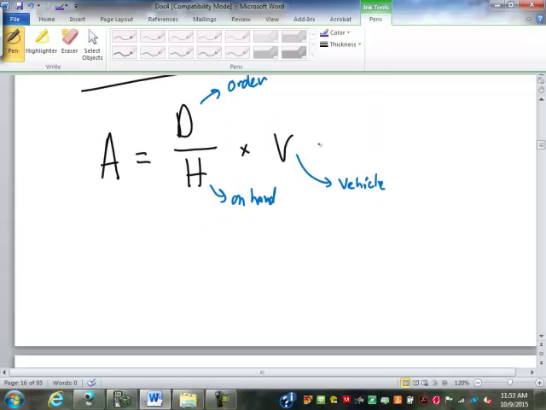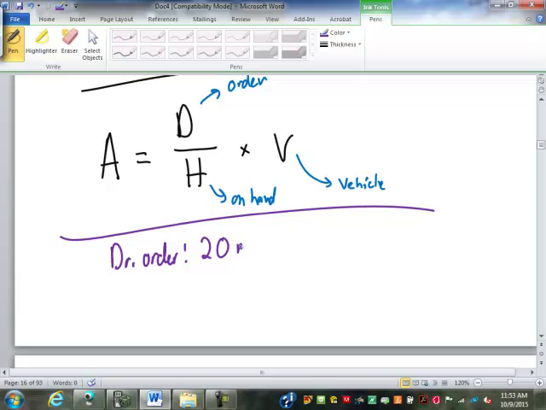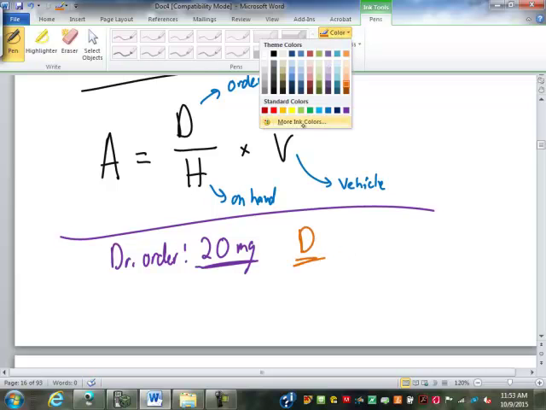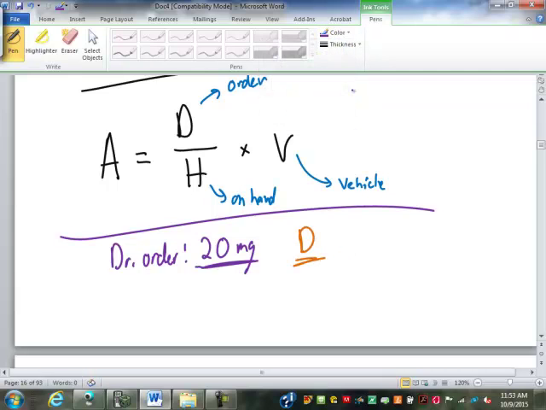In the example we just did, the doctor ordered 20 milligrams. That's obviously capital D, the doctor's orders. The medication at a concentration (2 milligrams in 25 milliliters) is actually both the on-hand and the vehicle.